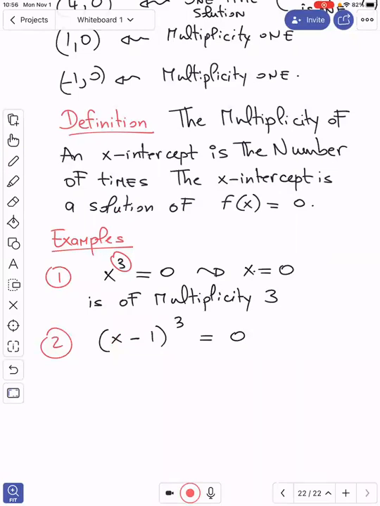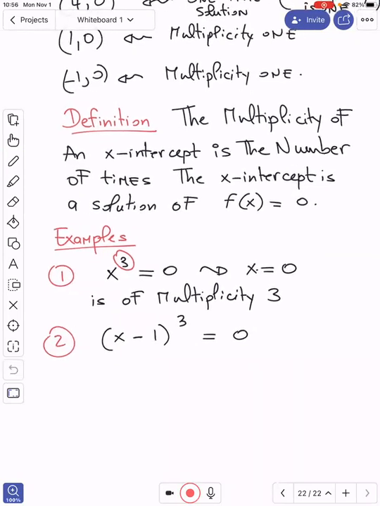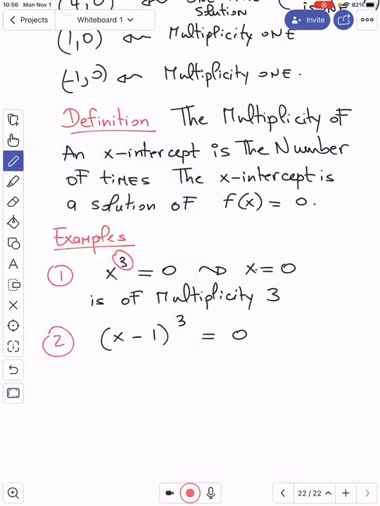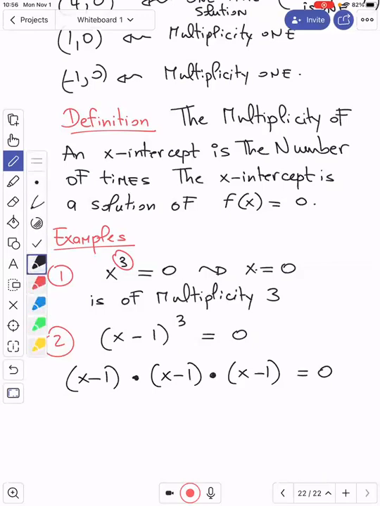In other words, x minus 1 cubed is like x minus 1 times x minus 1 times x minus 1 equal to 0. Because this is a product equal to 0, either the first factor is 0, or the second factor is 0, or the third factor is 0.